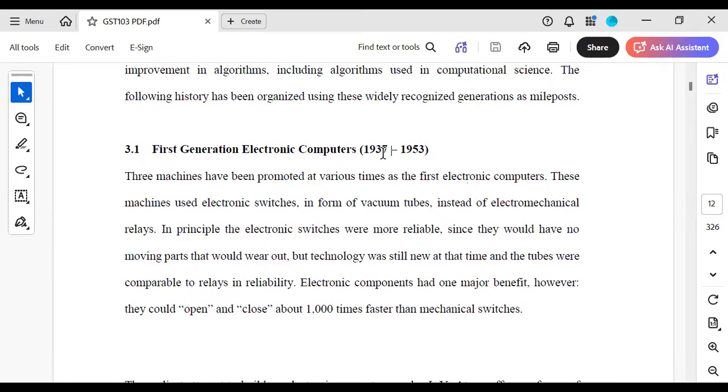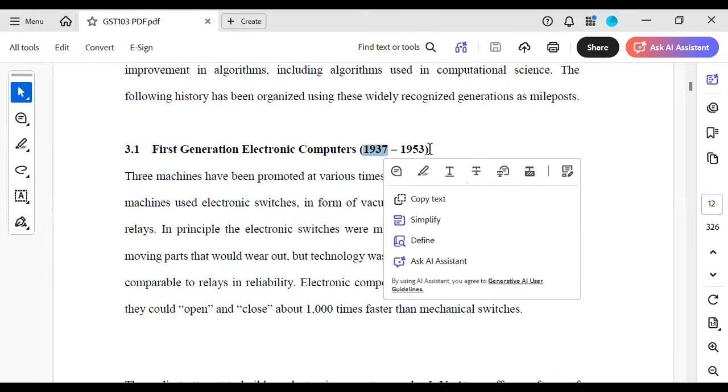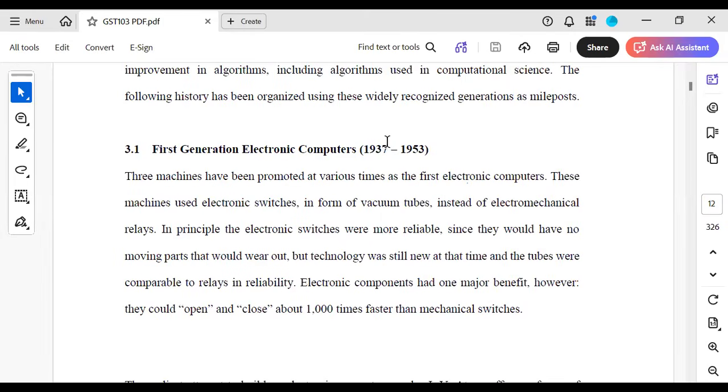Let's just say 1940, or in the 1930s. Don't just ignore the last digit that is there. This one is saying 1937, 1953. Just know that when we start to talk about the generations of computers, the first year is in the 1930s.